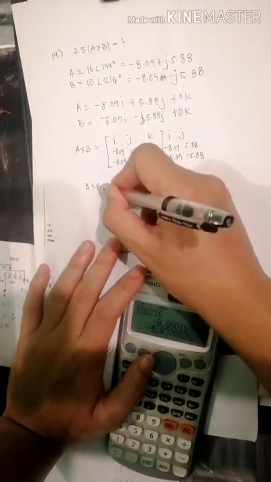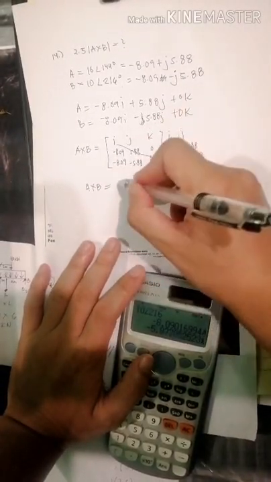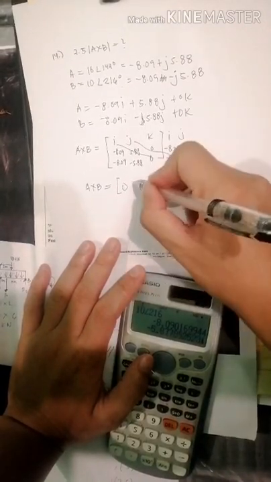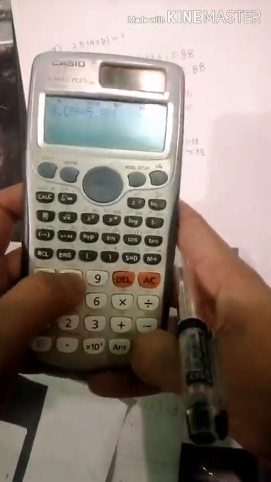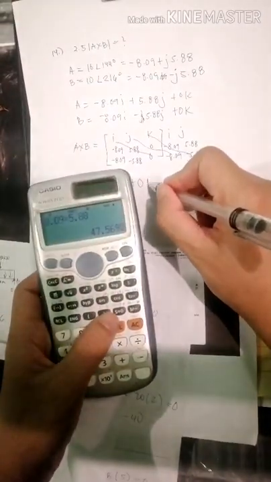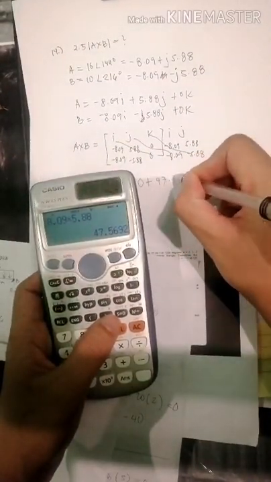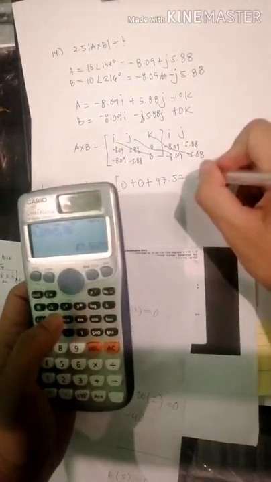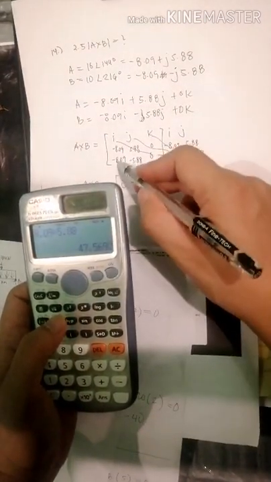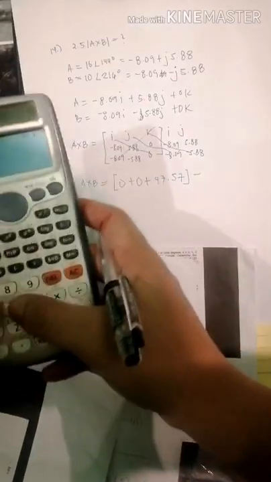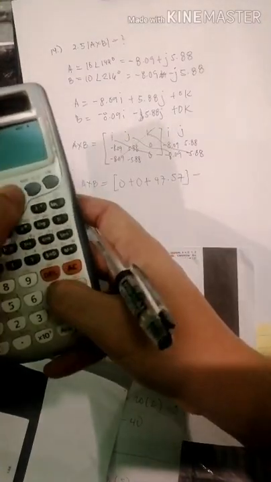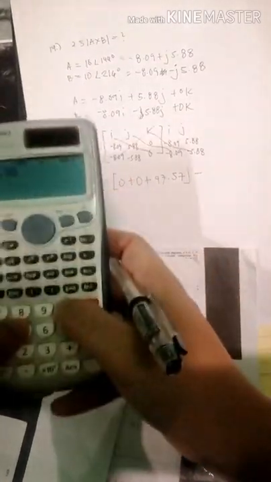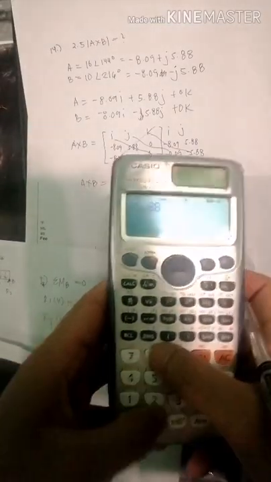A cross B equals 0 plus 0 plus 8.09 times 5.88, which is 47.57, minus negative 5.88 times 8.09.